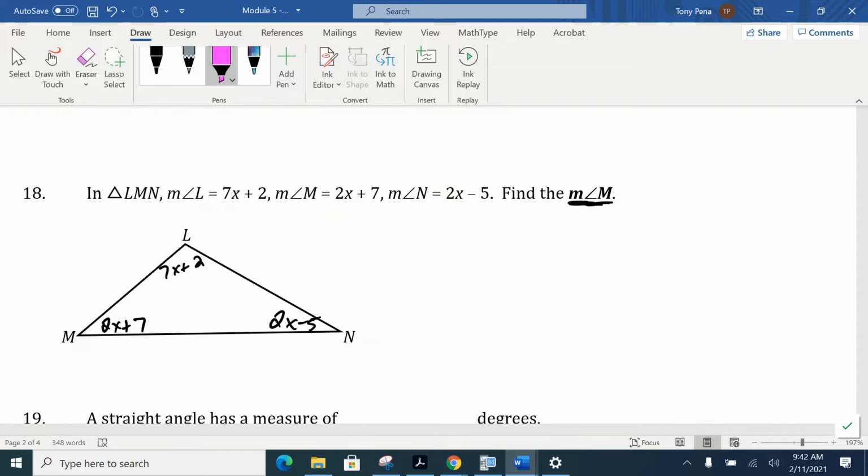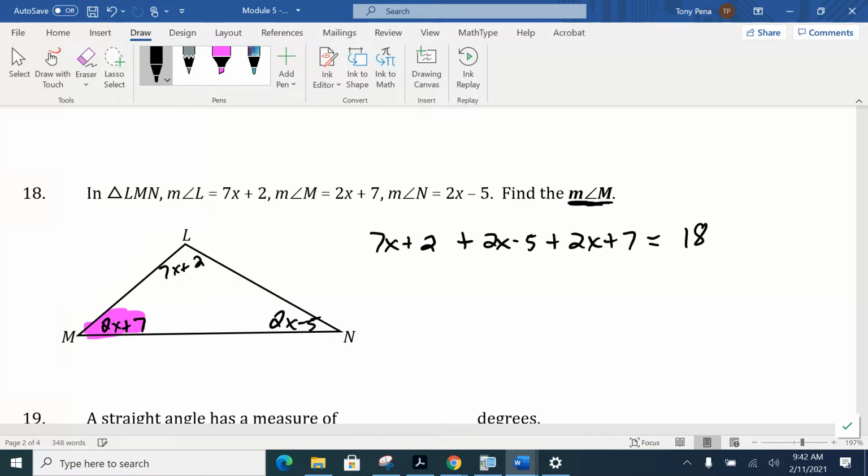So the answer to this question is, what is the degree measure of this? Well, we can't find that until we know what x value to plug in there. So it's now kind of the next step from number 17. You're going to do the exact same starting process where we're going to add all 3 of those angles up. And when we do that, we know they have to add up to be 180.